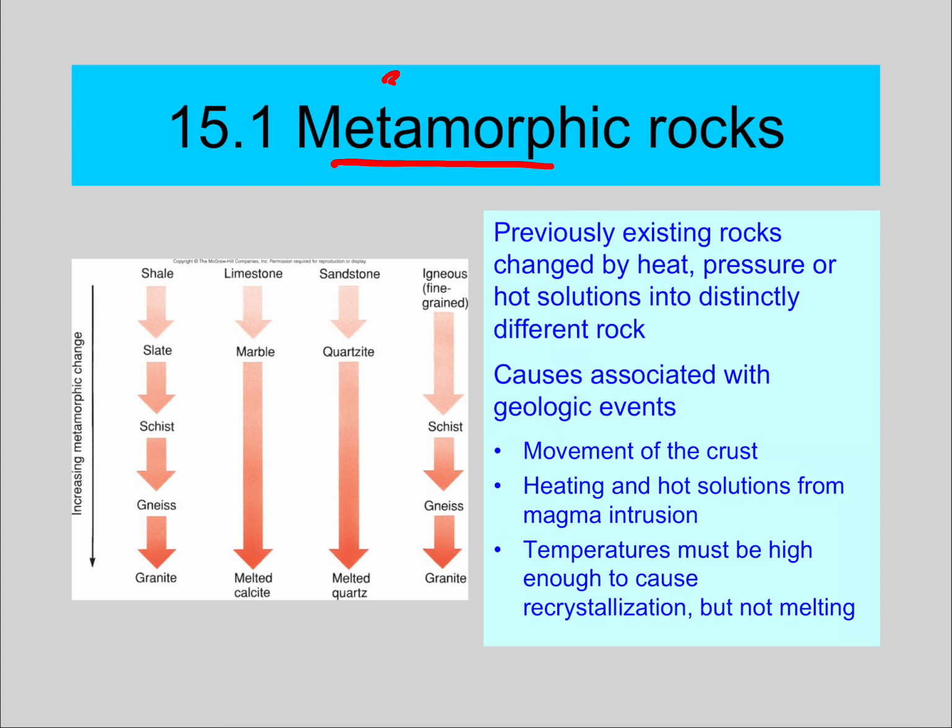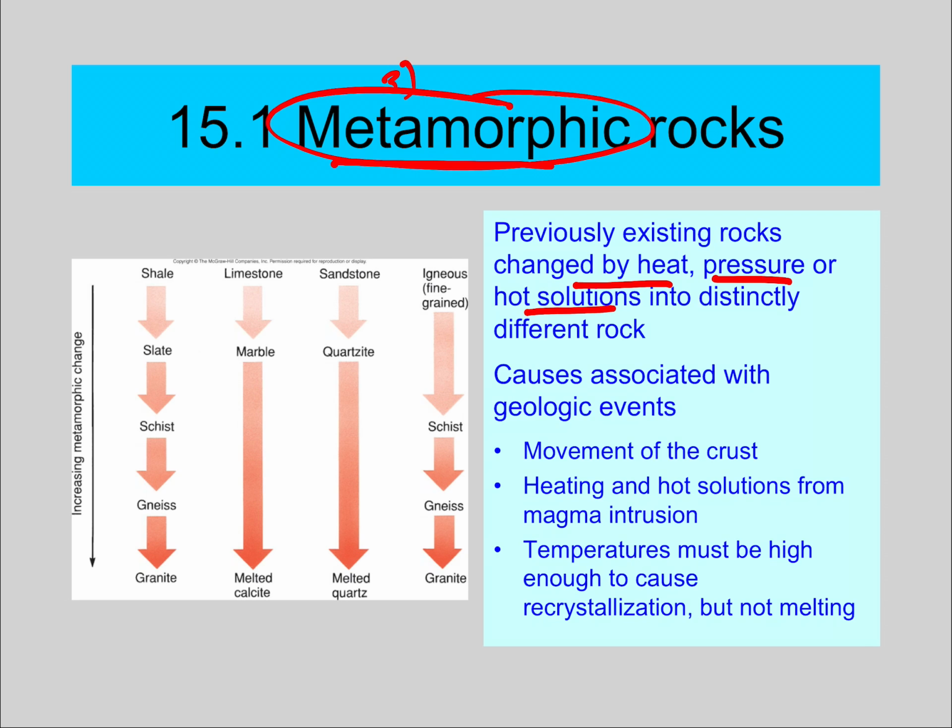Now, metamorphic rocks are our third group, and these are previously existing rocks that are changed by heat, pressure, or hot solutions into distinctly different rocks. So they go through a process of metamorphosis, like the butterfly coming out of the cocoon.